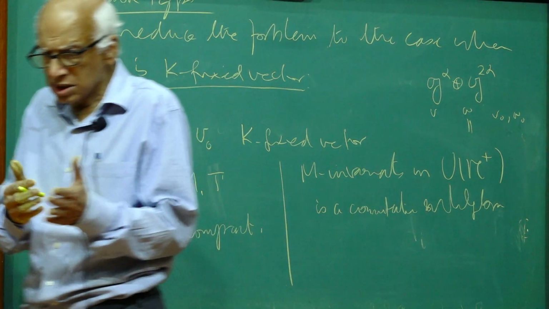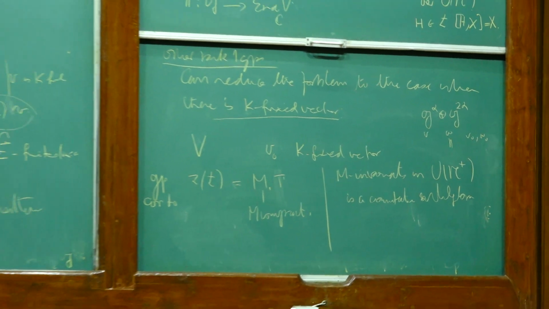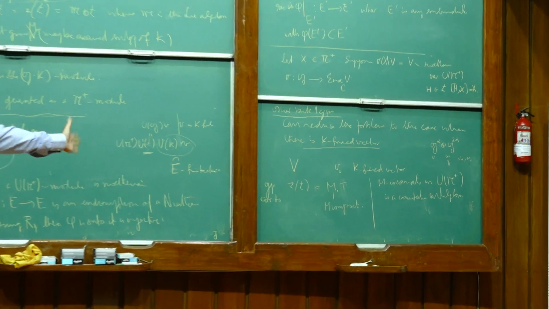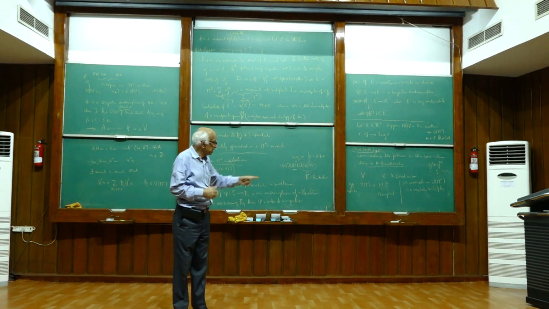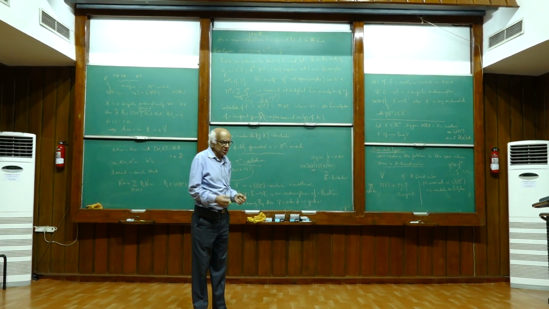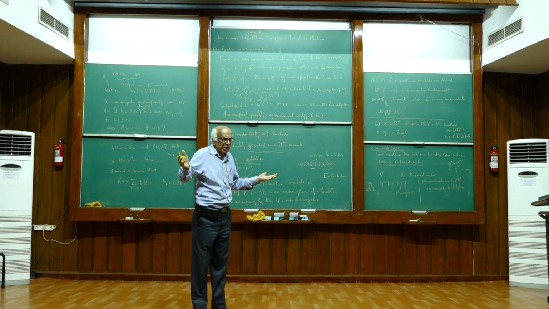Notice that this algebra is stable under H, because g alpha is entirely an eigenspace, and so is g2 alpha. From that, you see that this M invariants algebra is going to be stable under H and will break up into eigenspaces.